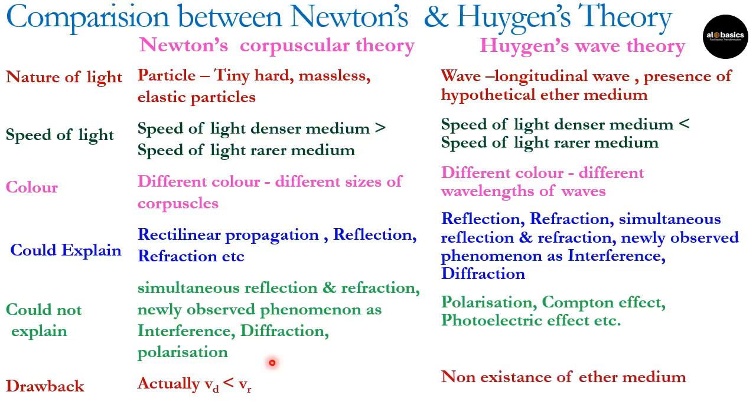And for Huygens' wave theory, there is a drawback, that is the non-existence of ether medium. On these points, you can very easily compare Newton's corpuscular theory and Huygens' wave theory, and you can keep in mind the points related to both these theories, and you can use them according to the question.